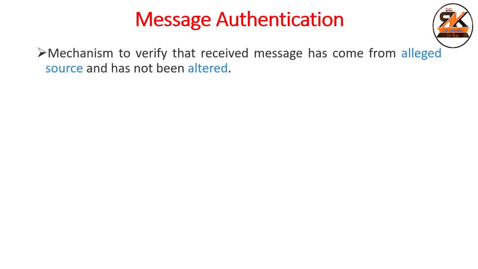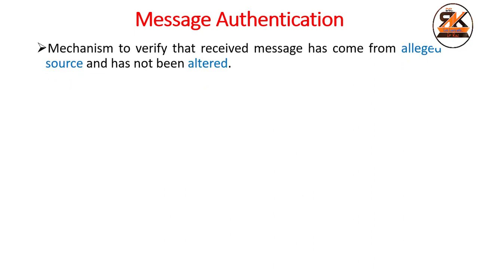Message authentication is a mechanism to verify that the received message has come from an alleged source or sender, and that this message has not been altered. The alteration is considered in terms of contents, sequencing, meaning the sequence number of the transmitted packet, and timeliness.